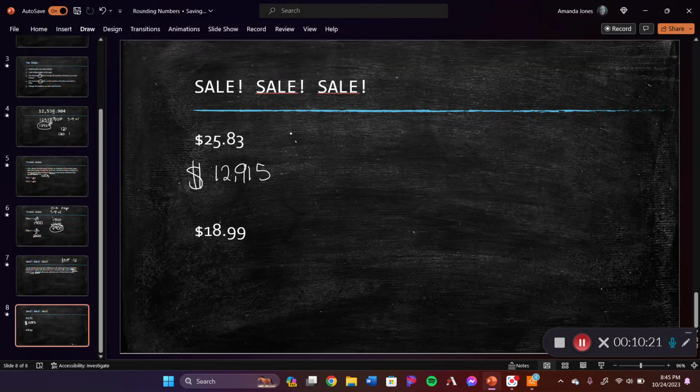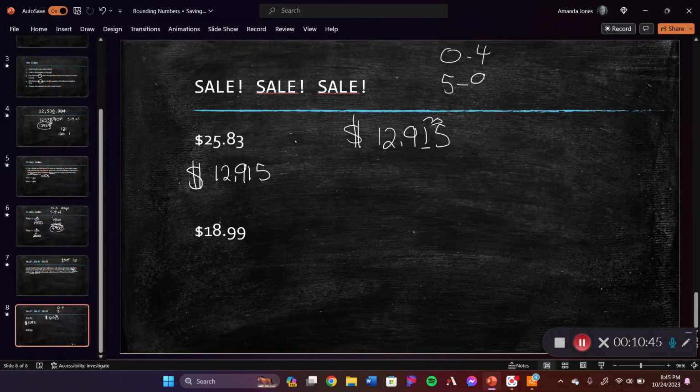Okay, so we need to round this. So in money, we always keep the hundredths place, right? This place we want to keep. So we look to the right, the 5. So go back to our ranges.